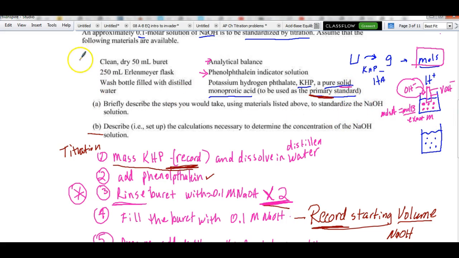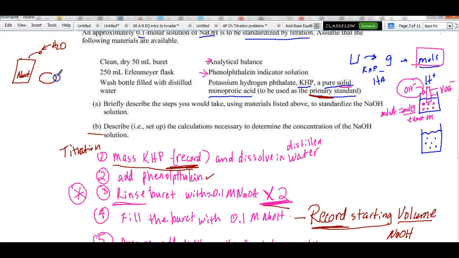So one of the things maybe you need to know is that when you have NaOH in a jar, as soon as you take them out, they come in little pellets. As soon as they hit the moisture in the air, they start absorbing water. So there's no way, even if you put them in a drying oven, which we would do with this pure solid, the KHP. It's not hygroscopic. NaOH is, and so it starts absorbing water from the atmosphere immediately.